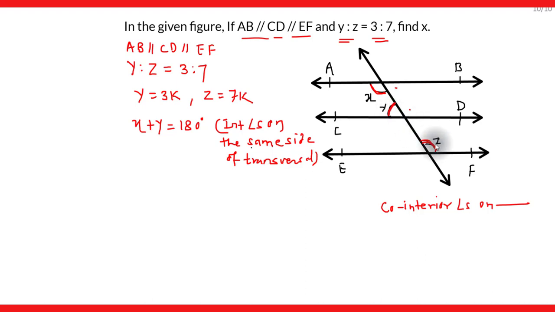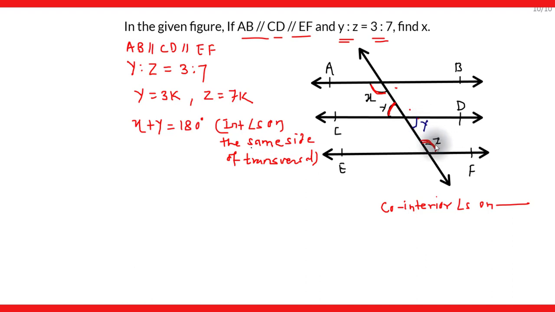Can we show that the sum of these two is 180 degrees in another way? Yes, if this is Y, this angle will also be Y because of the vertically opposite angle, and this Y and Z are on the same side of the transversal, and therefore the sum of these two angles will be 180 degrees.